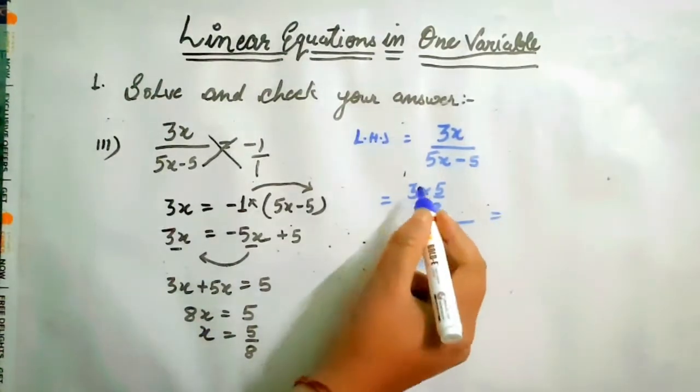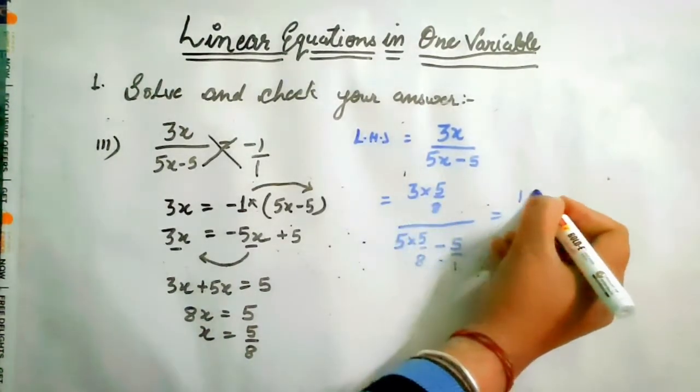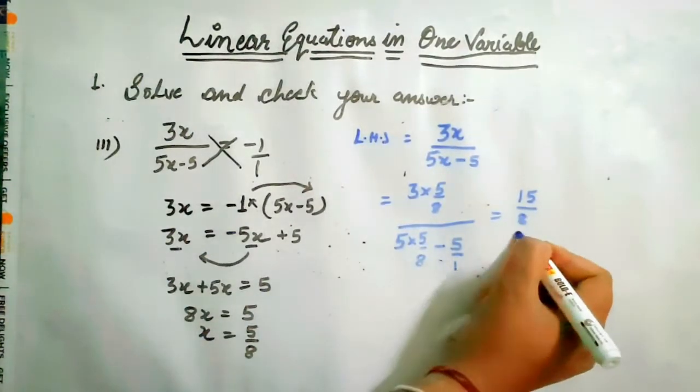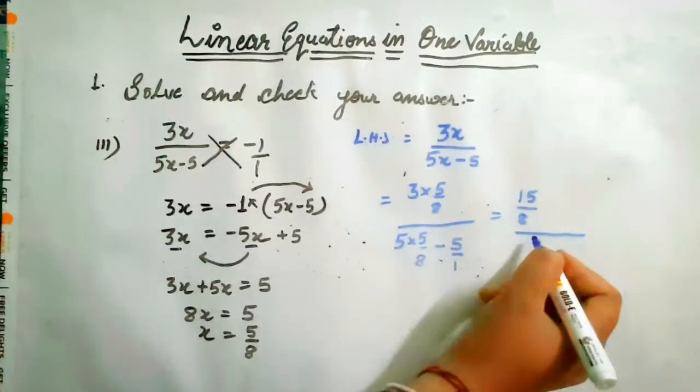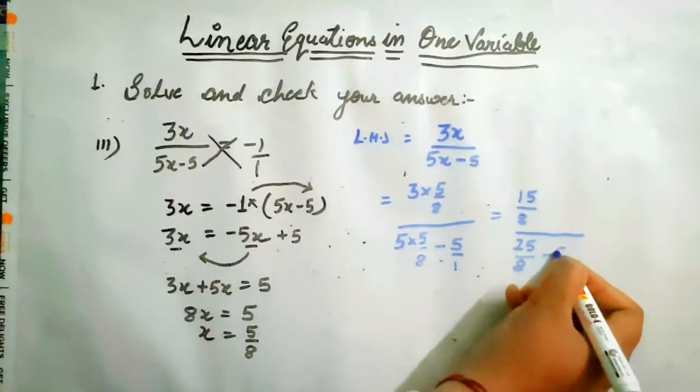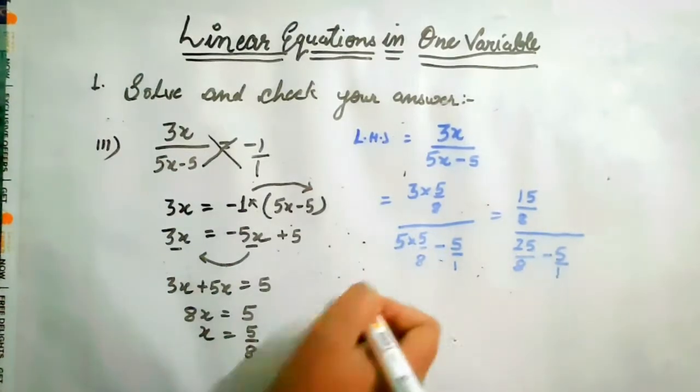Now see, 3 5s are 15, so the numerator will be 15 upon 8. Then in the denominator, 5 5s are 25 upon 8 minus 5 upon 1.